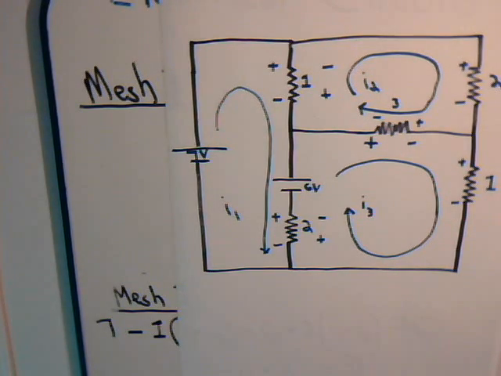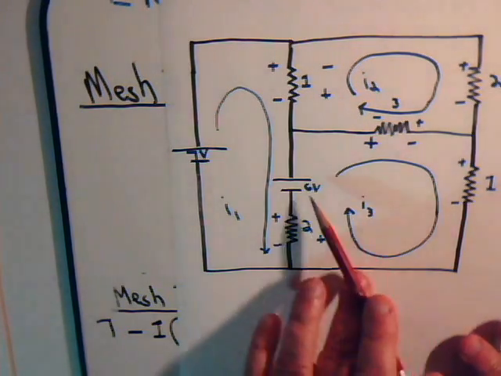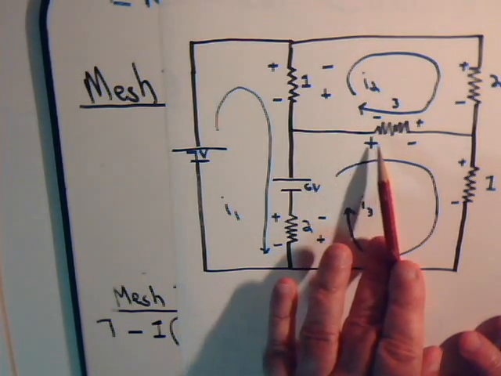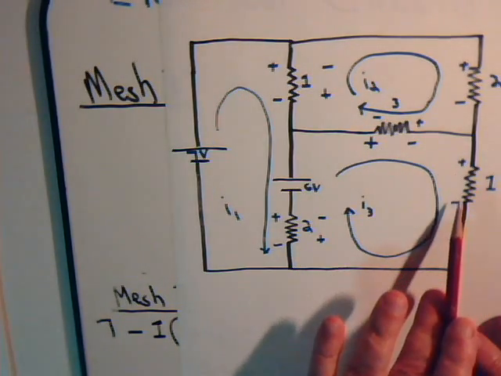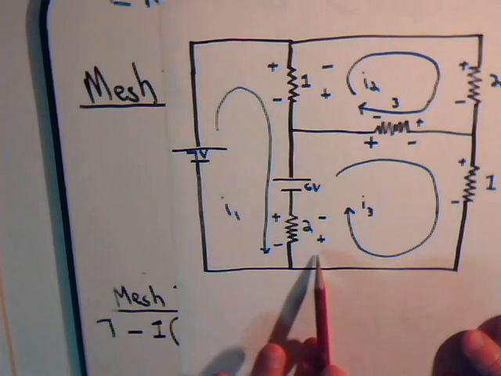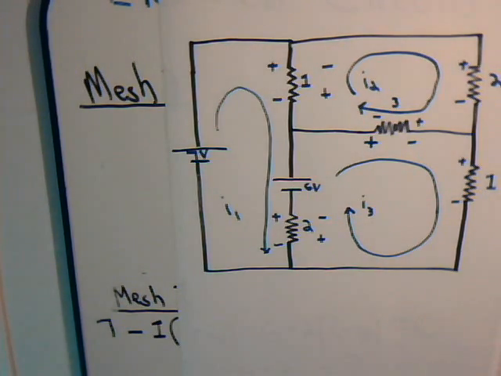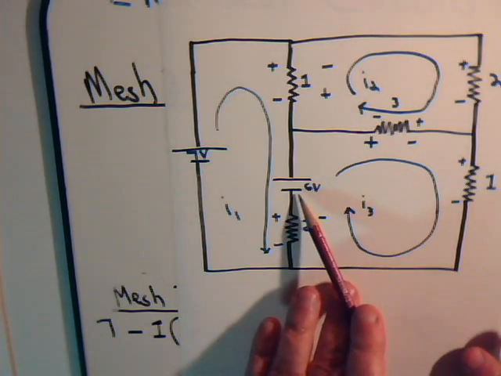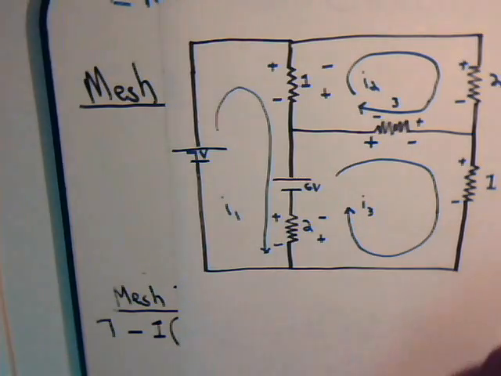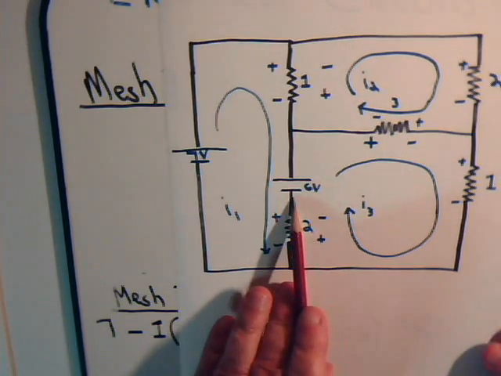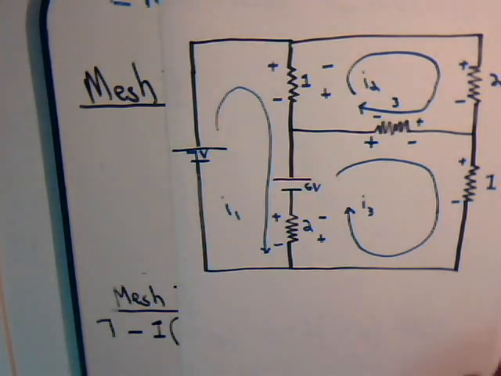So here we are, clockwise current that goes like this, through these resistors and across the battery. And notice now when it goes across the battery, it goes from minus to plus, or from a lesser potential to a higher potential.